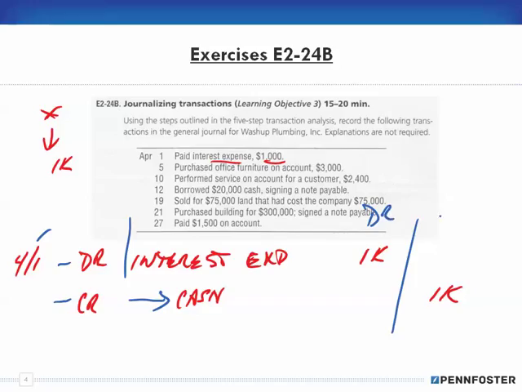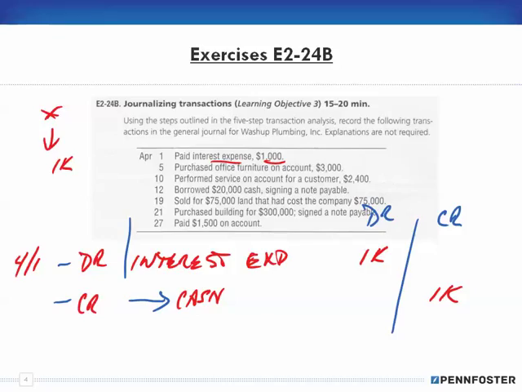The left-hand column is your debit column, and your right-hand column is your credit column, okay? And of course you actually write out the words. Because I'm just doing this as a homework assignment, I'm going to abbreviate sometimes, okay? Like I'll write EXP for expense.